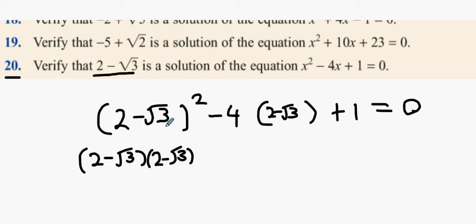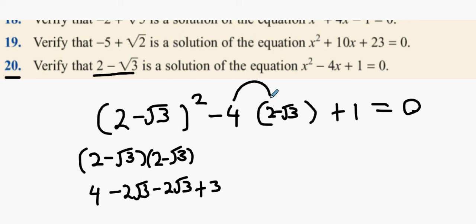2 times 2 for minus 2 root 3, minus another 2 root 3. Think about it. 2 times 2 for 2 times root 3, minus 2 root 3, minus 3 times 2, minus 2 root 3, minus root 3 by minus root 3 plus 3. Okay.